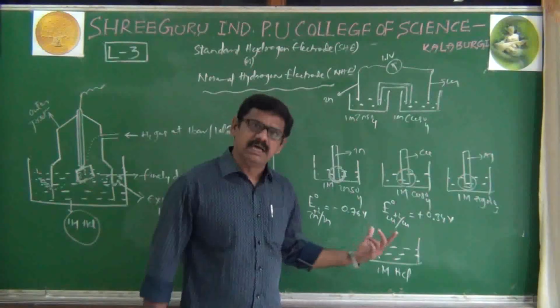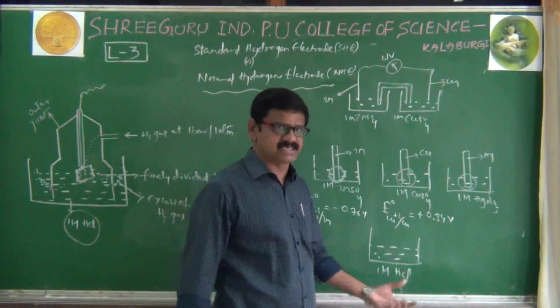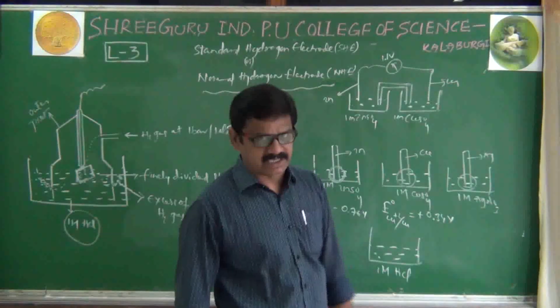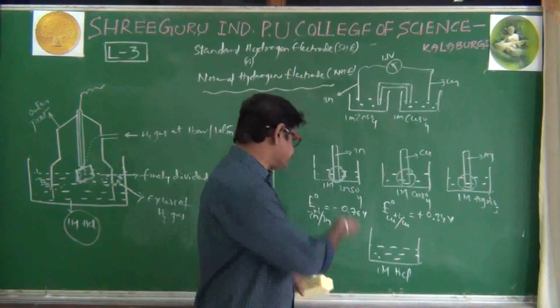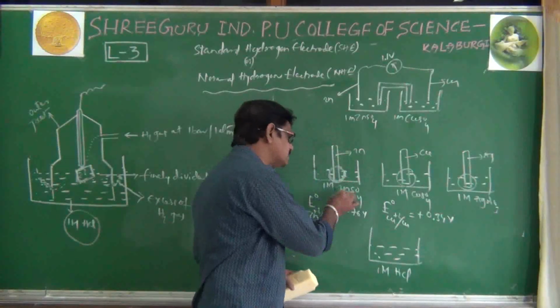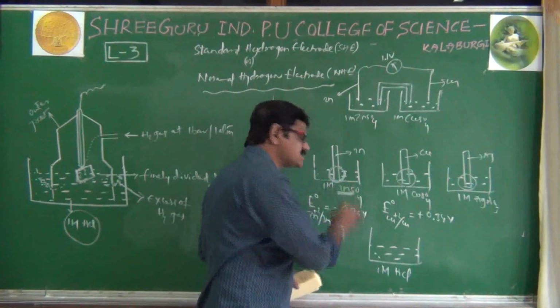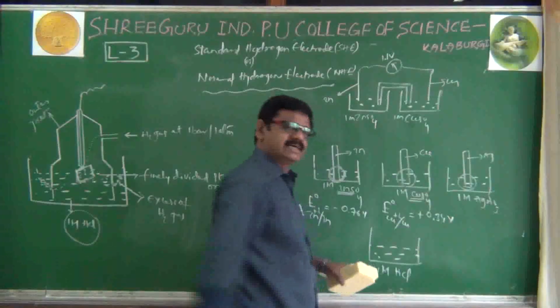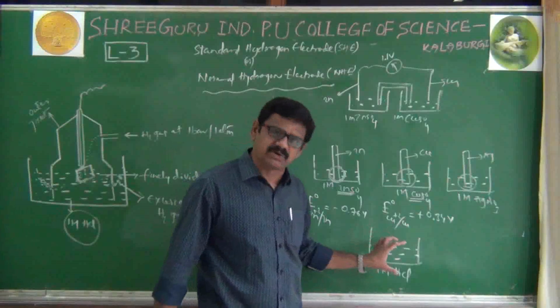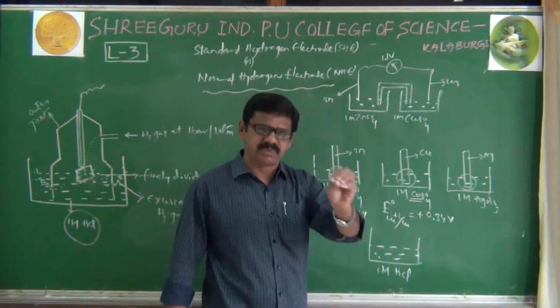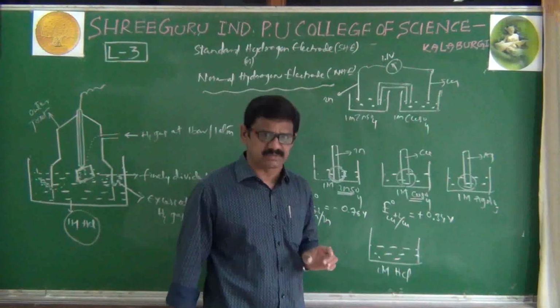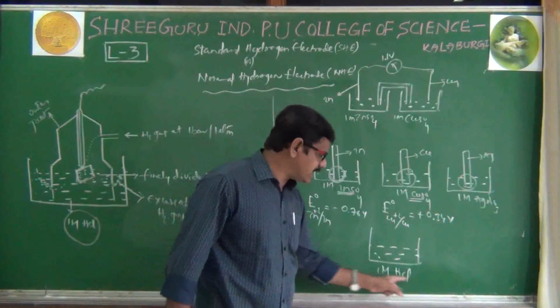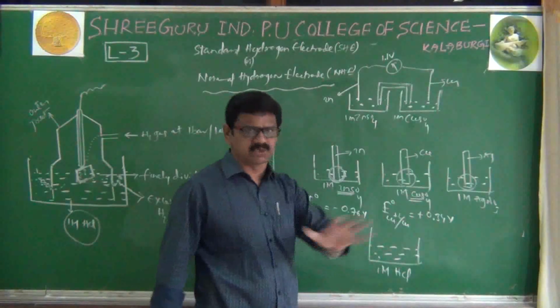Right. Now we'll discuss how to construct a standard hydrogen electrode. For that purpose, see how a zinc rod is dipped in a solution containing zinc ions, and a copper rod in a solution containing copper ions. Here also we have to dip hydrogen in a solution containing hydrogen ions. That's why I have taken HCl as the hydrogen ion solution, there is no problem in that.